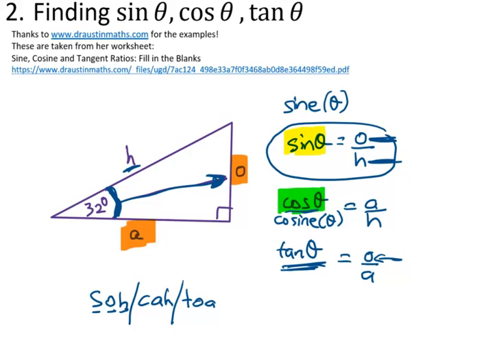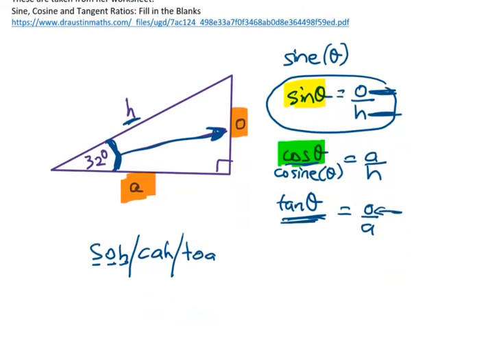Okay, and so you'll hear me say SOH CAH TOA lots and lots of times in class, because it's just a shorthand way to remember that when we've got a trig problem, what we do first is that we label, and then we choose which situation we're working with.